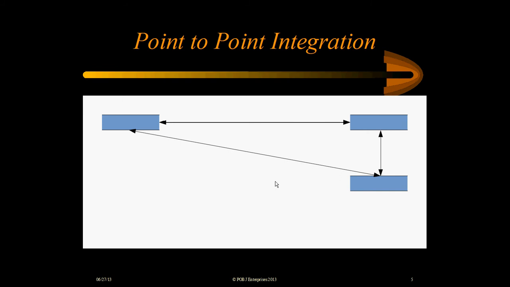Okay, with three interfaces, things are getting a little more complex because instead of one or two transformations, we now have three. When we add a fourth, you can see now that we are up to potentially 6 integrations.